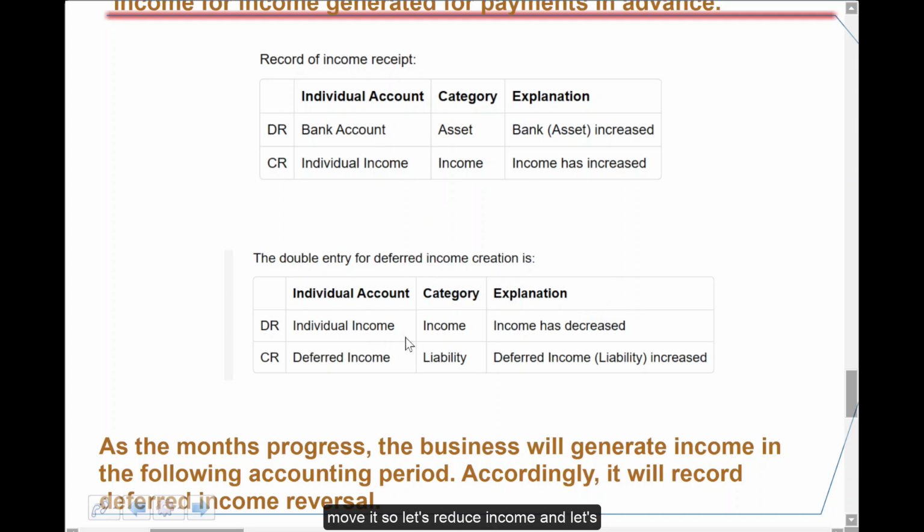So let's reduce income and let's create a liability, because technically this amount is a liability due to come into play in the following financial year. So in effect, debit individual income account, decrease income, and credit deferred income, this liability, in effect a liability for the forthcoming period.